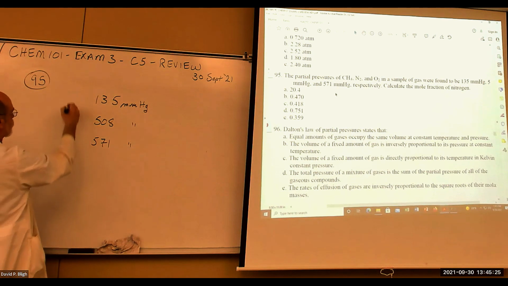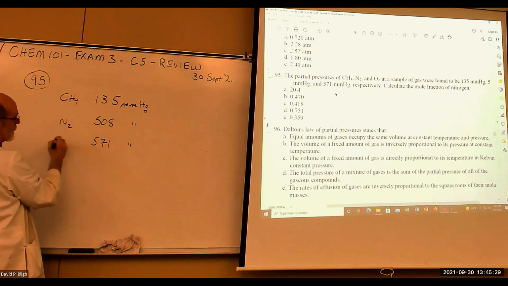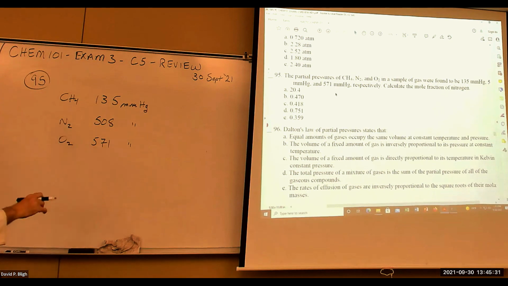Let's see, this one was for methane, nitrogen, and oxygen in a mixture. Calculate the mole fraction of nitrogen.